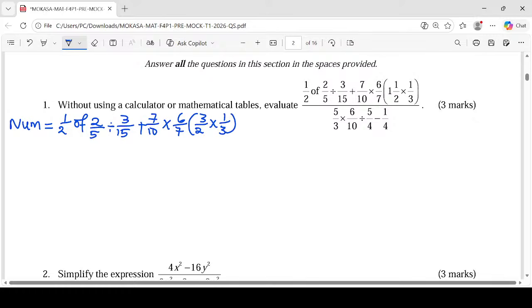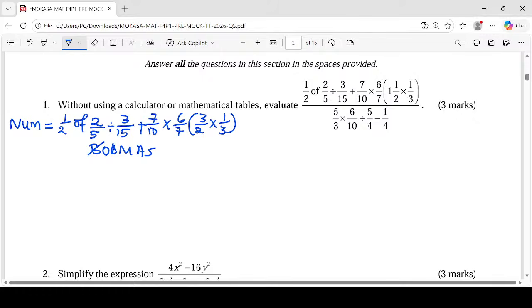So in this particular case, you have to follow the rules of BODMAS. We start with brackets and deal with what is inside the brackets first. When we look at the brackets, we have 3/2 and a third.